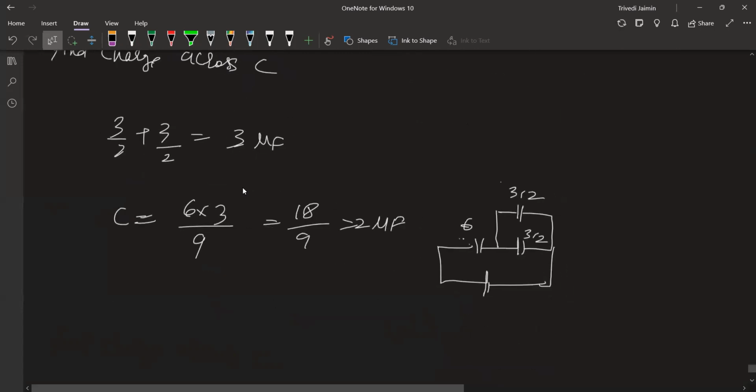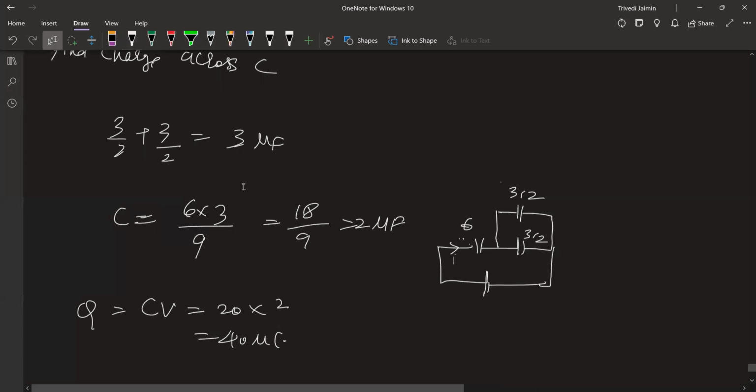Right. So Q equals CV. It is 20 into 2, 40 microcoulomb. It is passing through this one.